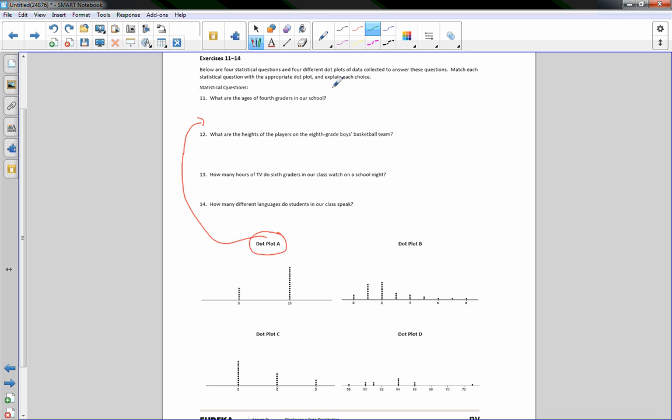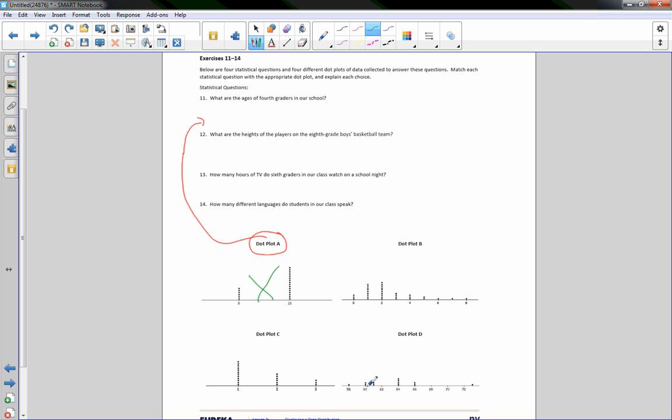Number 12. What are the heights of the players on the 8th grade boys basketball team? Okay, so a height of 0, this is gone. We're not going to have a height of 0, that's not possible. We aren't going to have a height of 1.